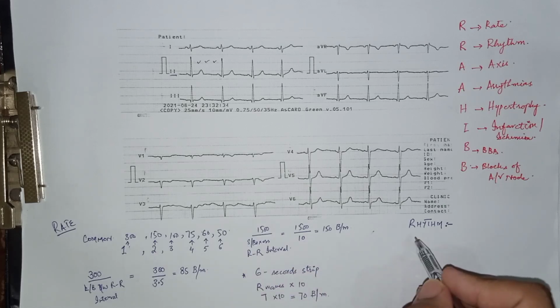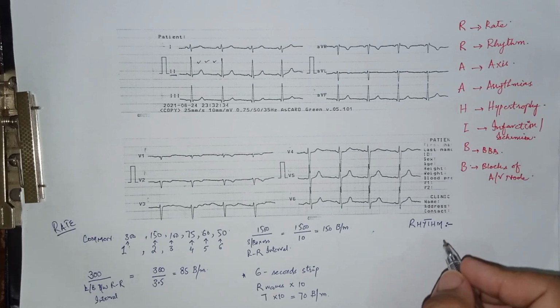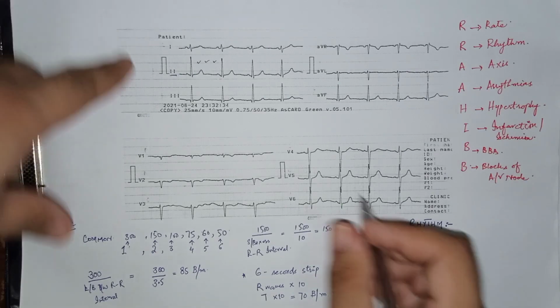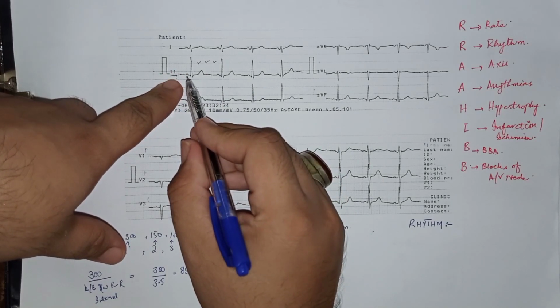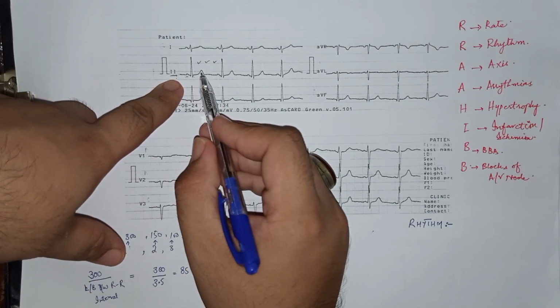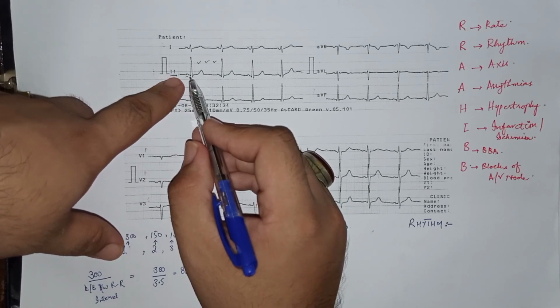Now come to the next step of the mnemonic RAHIB, that is R for rhythm. In order to check the rhythm, look at lead 2: after the P wave there should be a QRS complex and T wave, and this represents normal SA node rhythm.